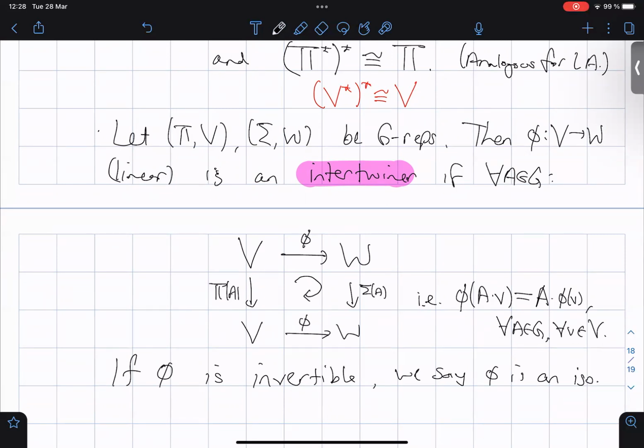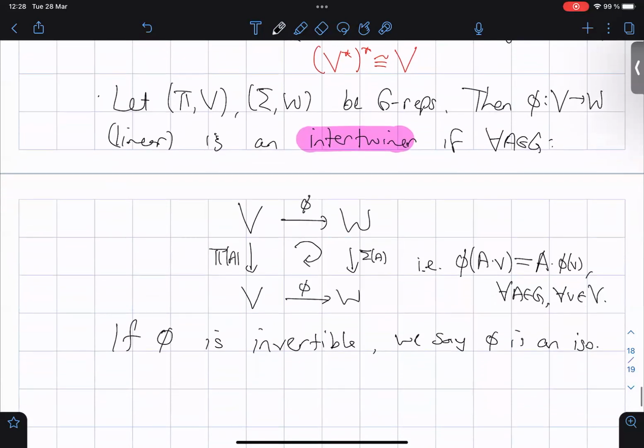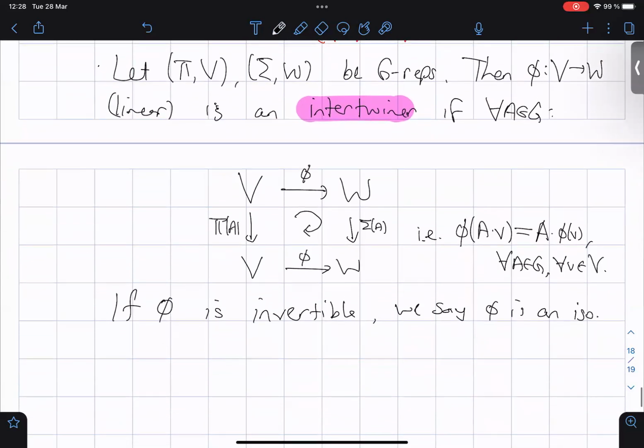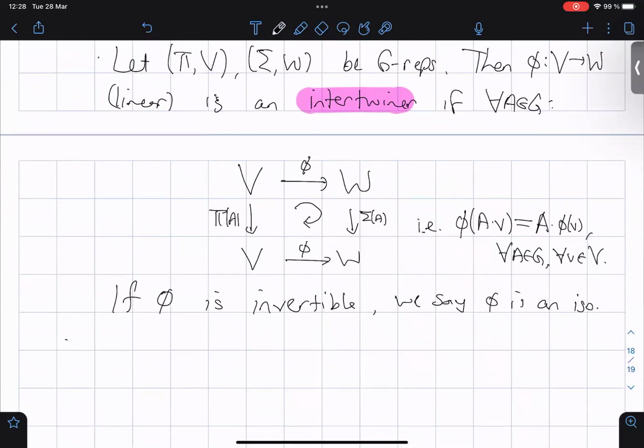And again, analogous for Lie algebras. Just to get you used to the language of tensor products as well: if I have any linear map, I could view that as an element of a certain tensor product space. So let me just get this down. And what does it mean to be an intertwiner in this language?